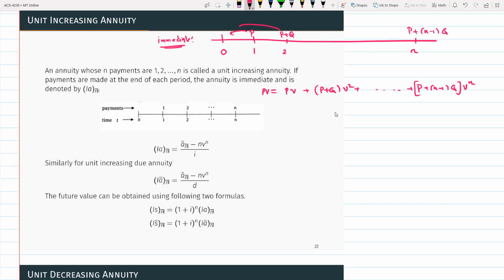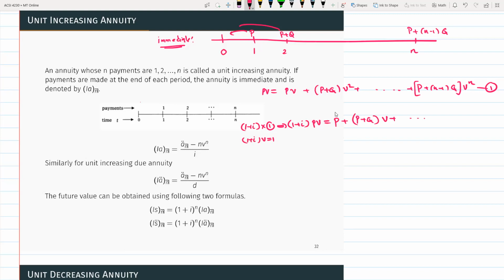Now this is equation 1. I can multiply equation 1 by 1 plus i. Multiplying equation 1 by 1 plus i results in (1 plus i) times PV on the left-hand side, and on the right-hand side we will get something like this: P plus QV, and so on. Why is that? Because (1 plus i) times V is 1.